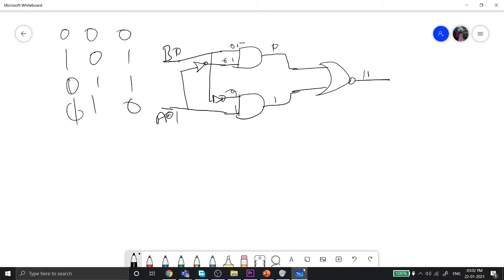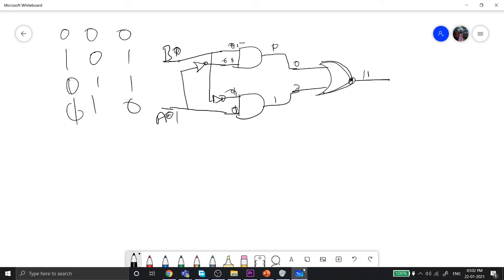Cool. If both inputs are 0, what will happen? Here it will be 0, here also it will be 0, here it will be 1, and here it will be 0, 0. This is not a NOR gate. Oh, this is just an OR gate. Sorry guys, I mean NOR gate, and that's an OR gate, okay? Don't confuse it.